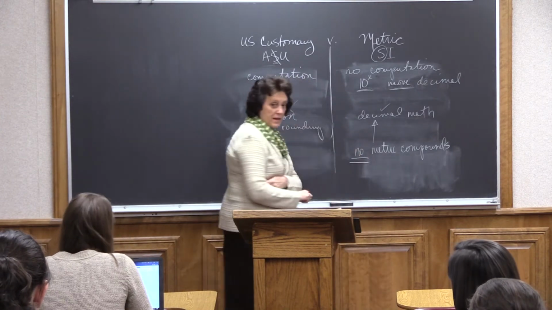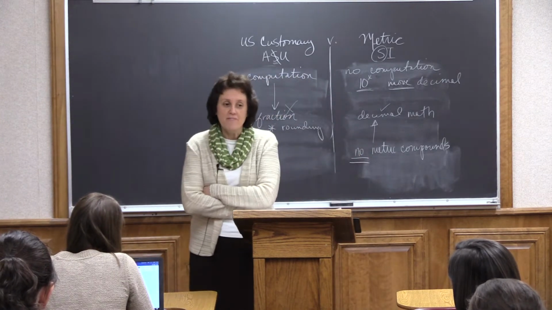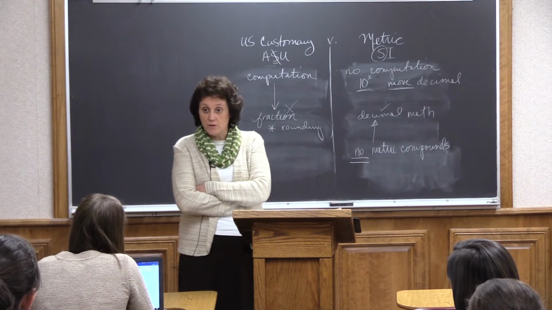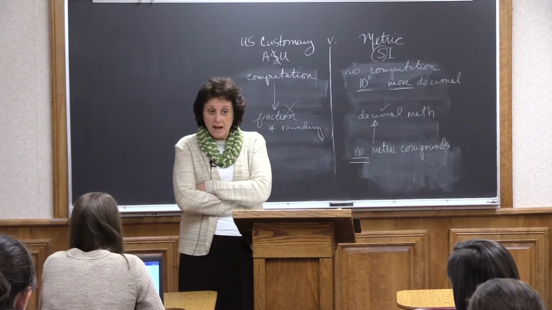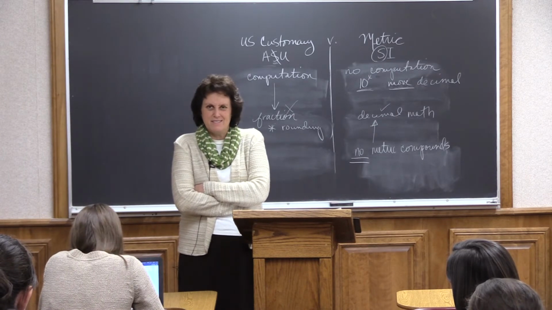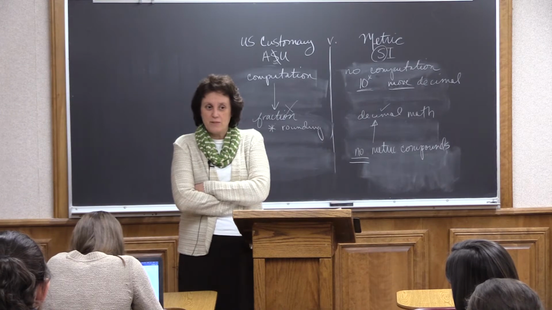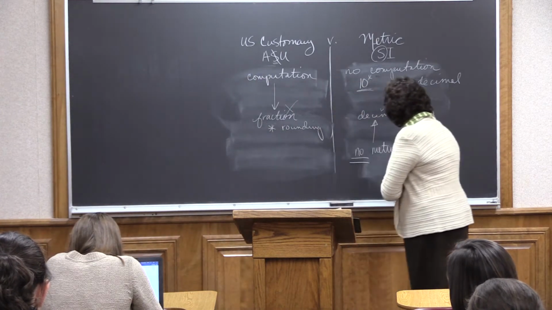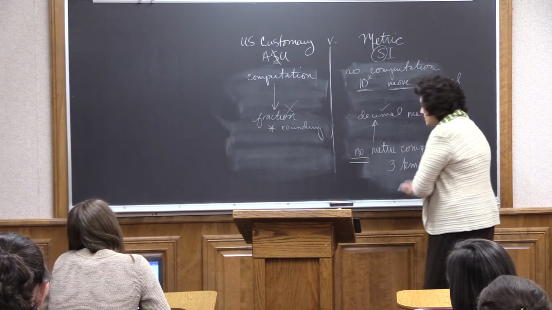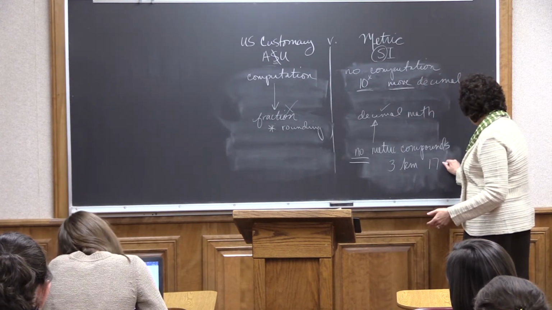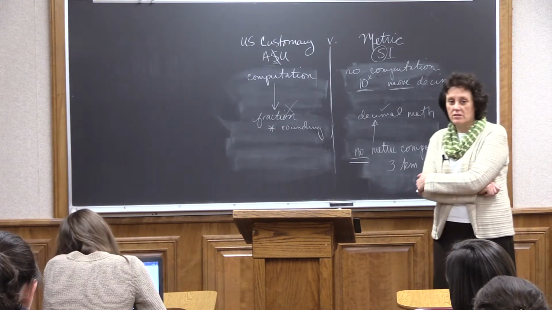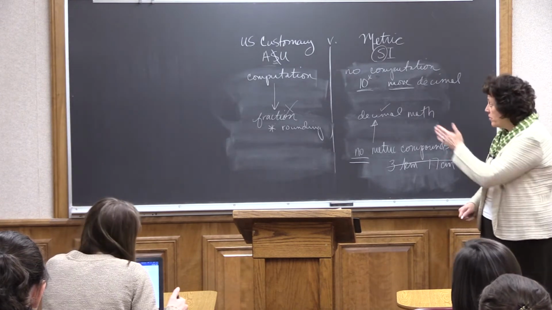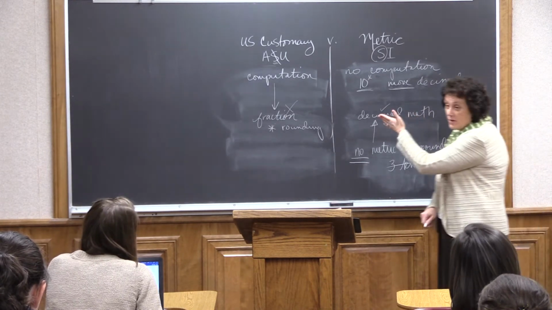No metric compounds. If you see, I shouldn't say if, when you see what looks to be a metric compound on a quiz or test or homework, you don't ever do metric compounds. They don't exist. I don't know why they get thrown into arithmetic textbooks. If I have 3 kilometers and 17 centimeters, what in the world? I'm only forced to use compounds in the U.S. customary system.